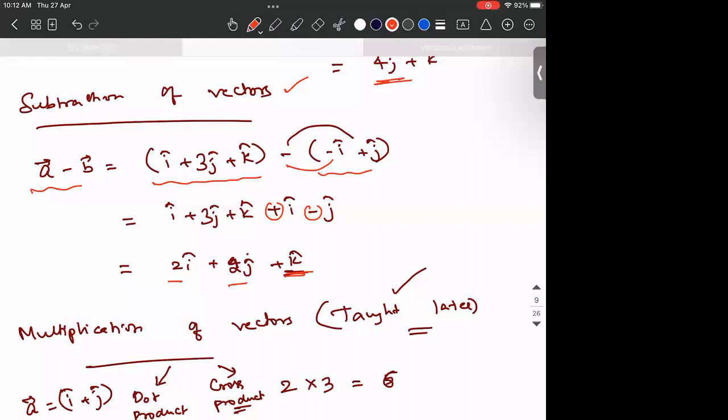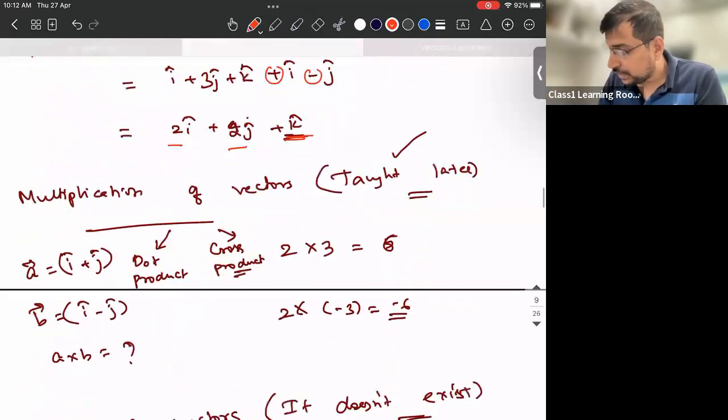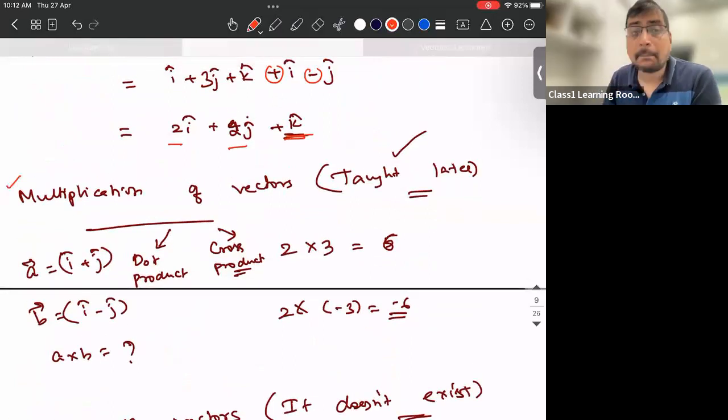It's very simple. Now we will see the concept of multiplication of vectors. When I talk about multiplication of vectors, there are basically two types of multiplication. One is called dot product and the second is called cross product. It is not like algebraic multiplication where you have numbers, 2 into 3 gives 6, or 2 into minus 3 gives minus 6.